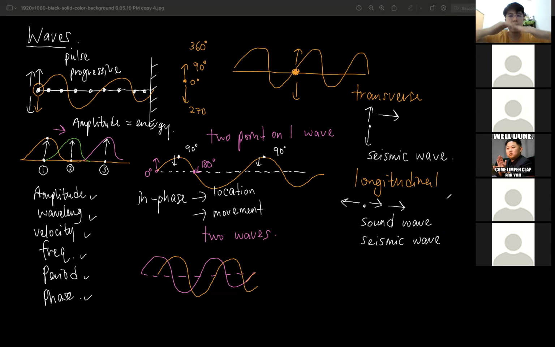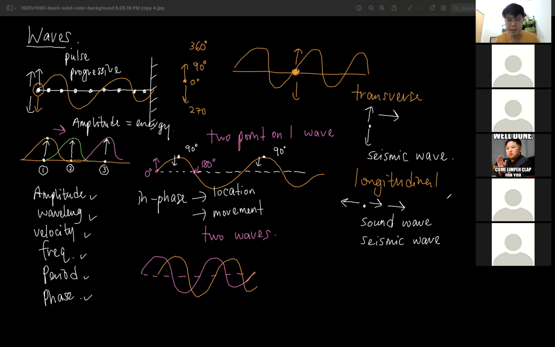And then you have another type of wave from the earthquake. We call it shear. It moves to the side. This one moved to this side, this one moved to this side. Top view is like this: if you're looking from the top, the surface, this one is to the left, this one is to the right.